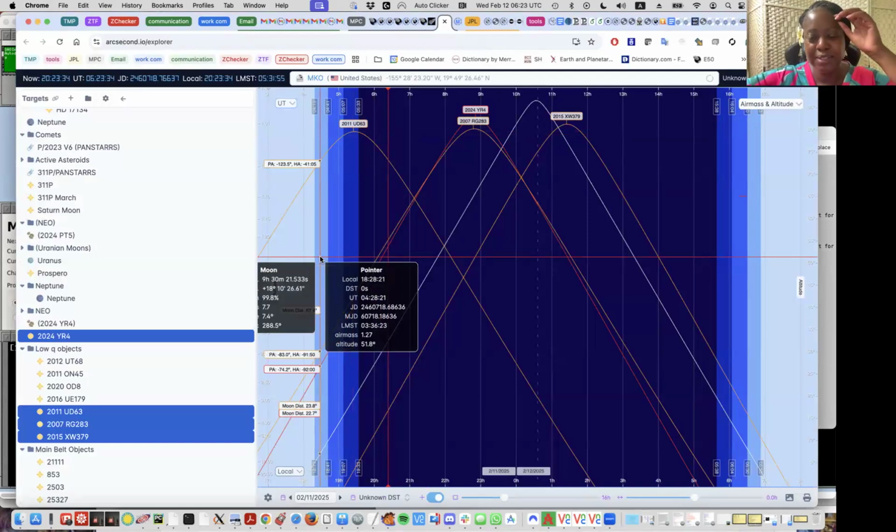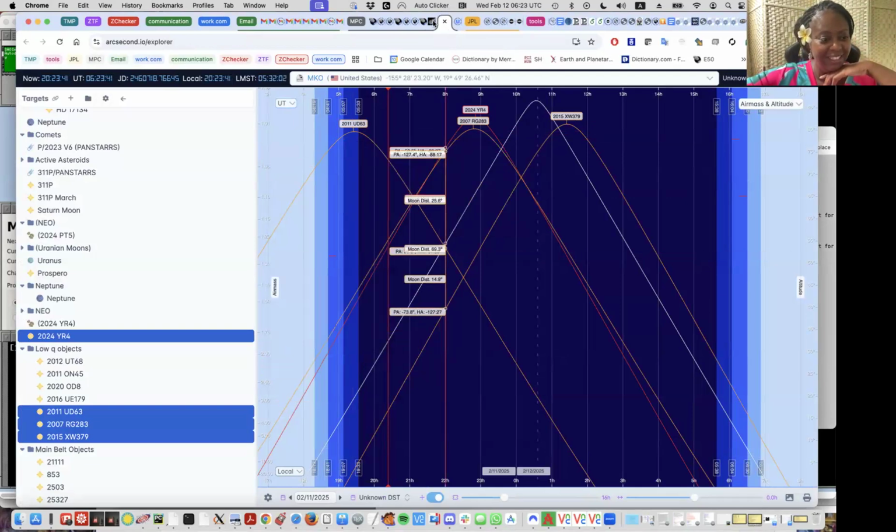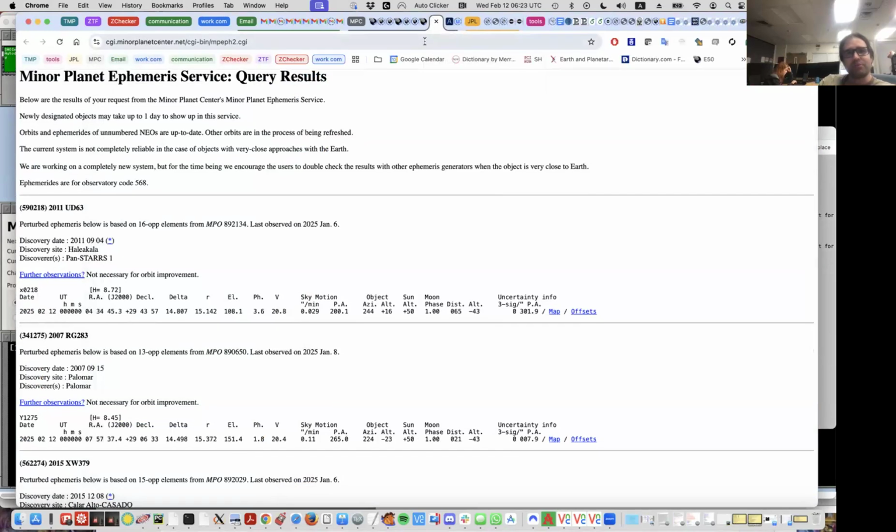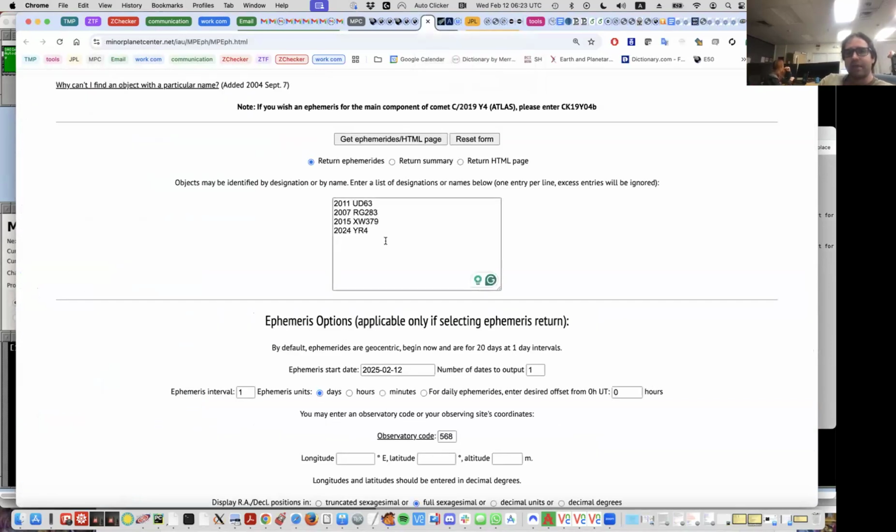I see that you use the ephemeris data from the Minor Planet Center. Yeah, I use both the Jet Propulsion Lab and the Minor Planet Center. The MPC is nice because you can quickly look up the approximate locations of a bunch of objects all at once.